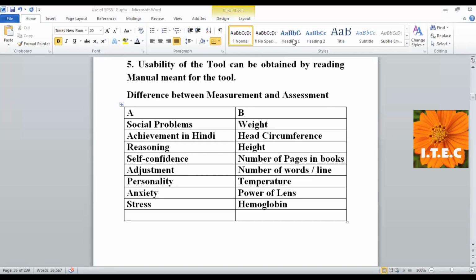What about column A? No, A is not psychological. Social problem is not psychological. Achievement in Hindi is not psychological. That is not correct.